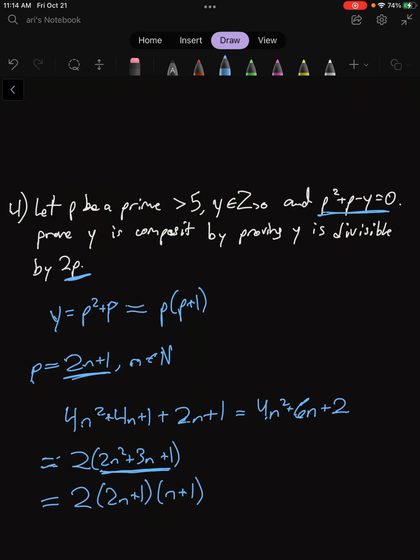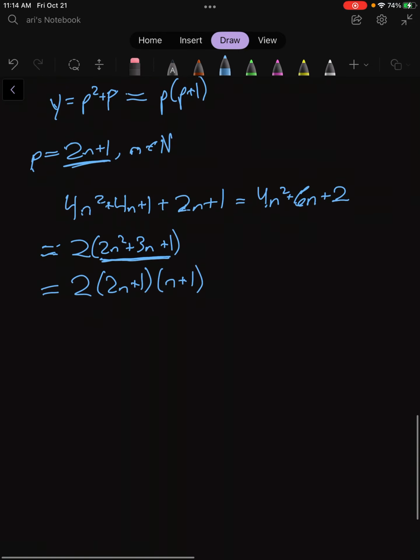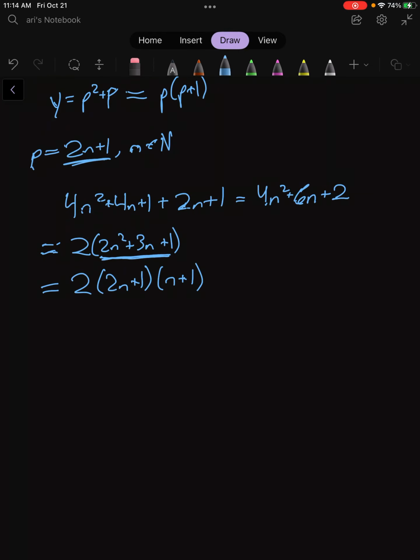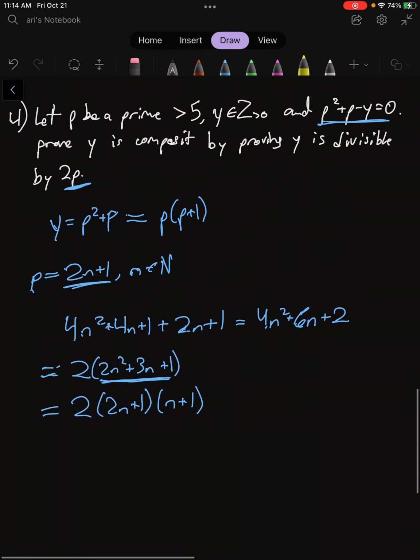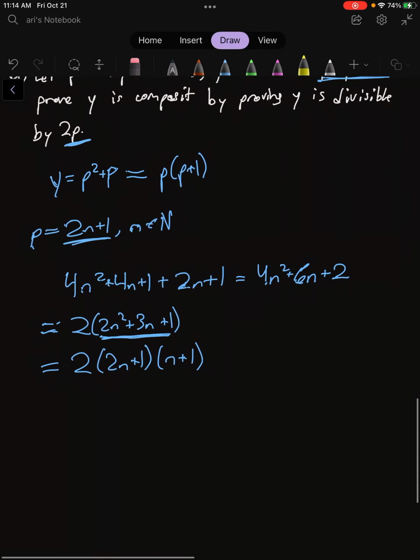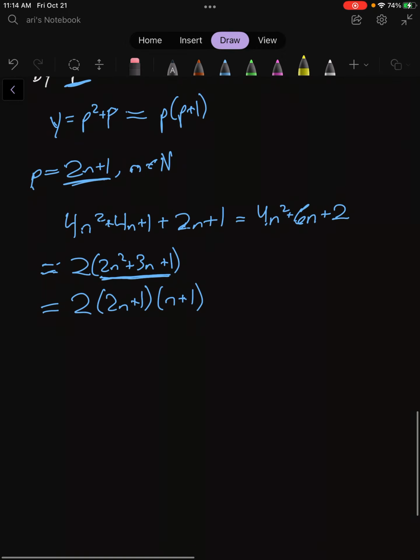And then there's this really clever proof that a student said in class yesterday that I really liked. I'm not going to say his name just because this is going on YouTube publicly, and I'll try not to say names of students in the class. His proof was that we know y equals p times p plus 1.